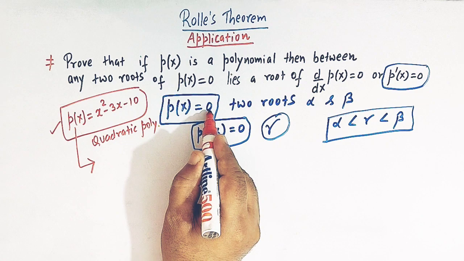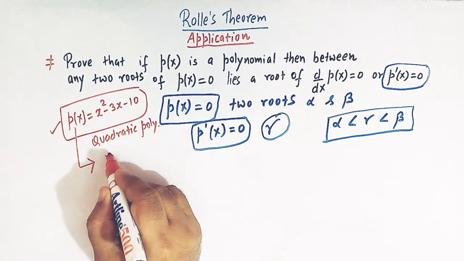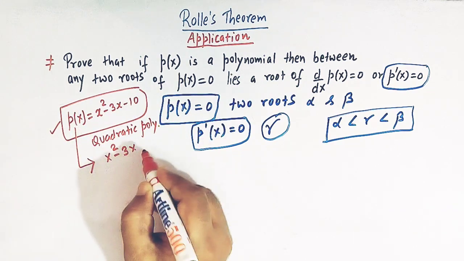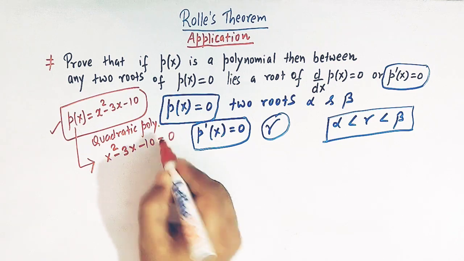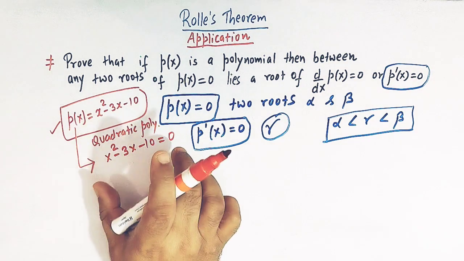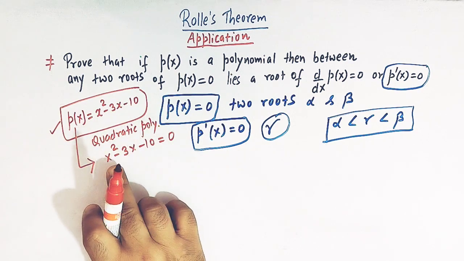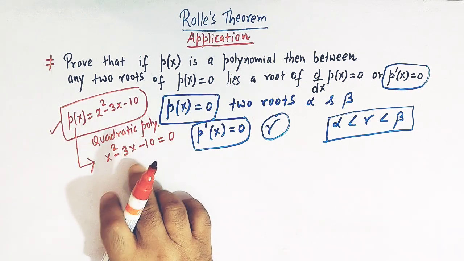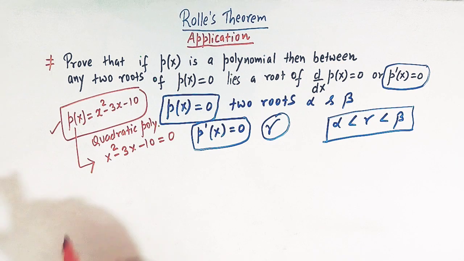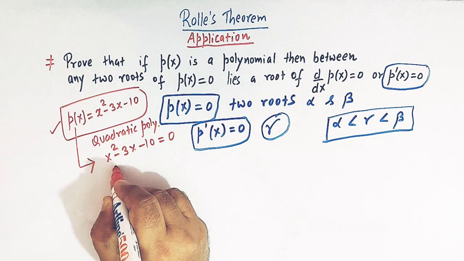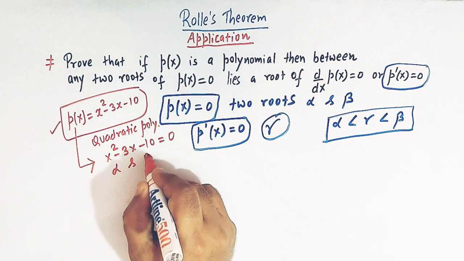So p of x is equal to 0 implies x square minus 3x minus 10 is equal to 0, right? Now being a quadratic equation, this equation must have two roots, so let us denote these two roots by alpha and beta.